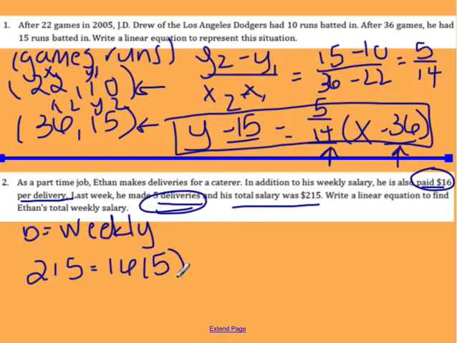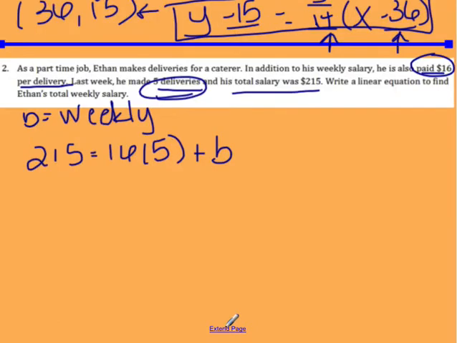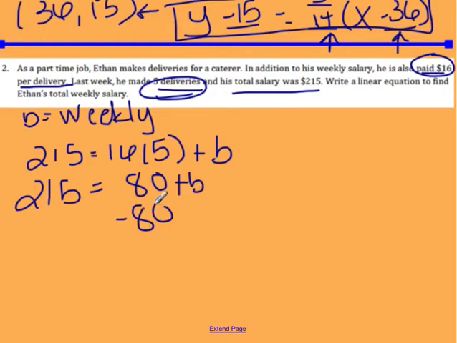So I'm going to take that 16 and multiply it by 5. Then, in addition to the money he makes for deliveries, is his weekly salary, or B. Now we're going to solve this equation for B. So I have 215 is equal to 16 times 5, which is 80, plus B. To solve for B, I need to subtract 80 from both sides. 215 minus 80 is 135, so B is equal to 135.